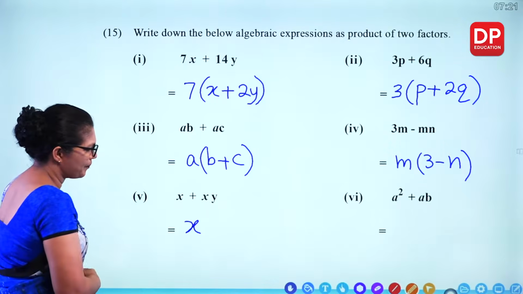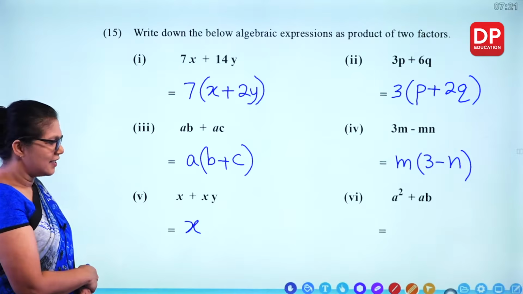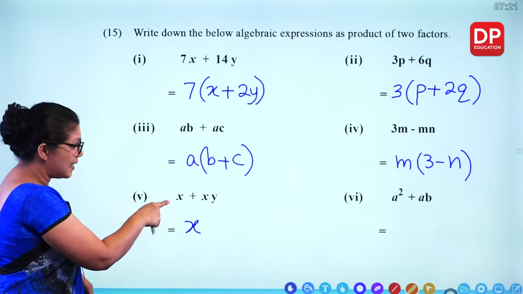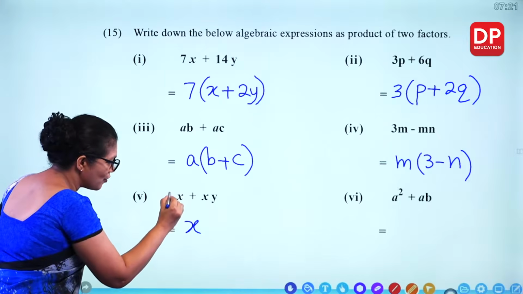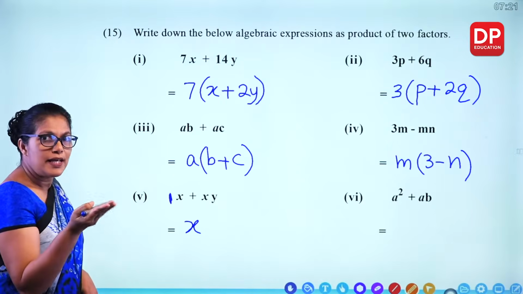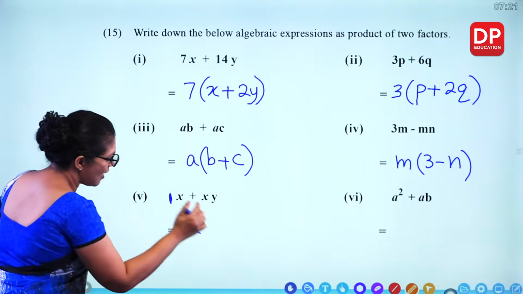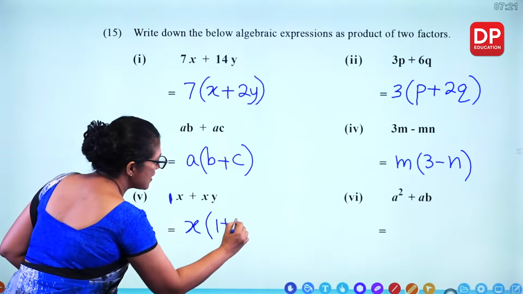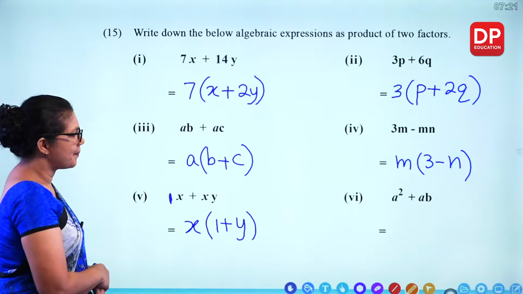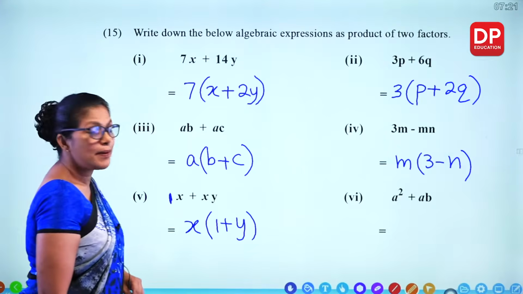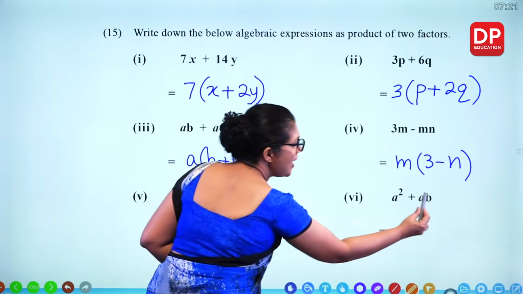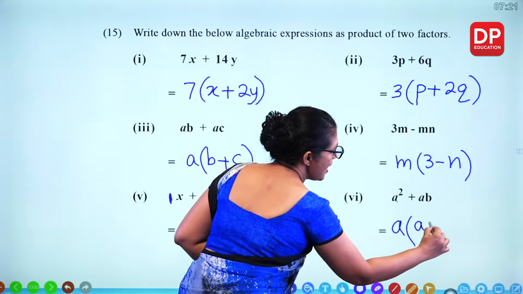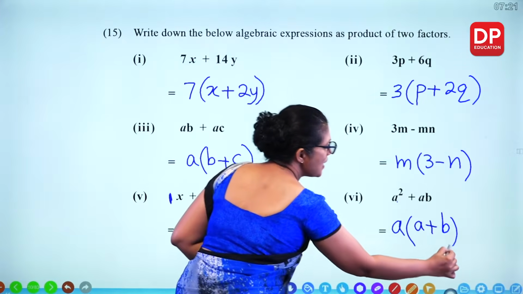Take it out. So what you write here? So when there's no number here means that's 1. So remember that. x means 1x. When you take x out, you can write 1 there. 1 plus y. This one, a squared plus ab. 1a is common. Take it out. a plus b.